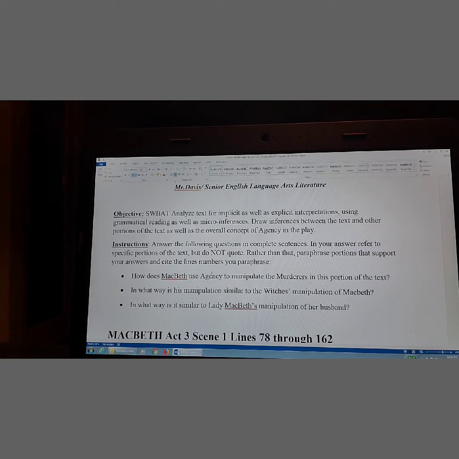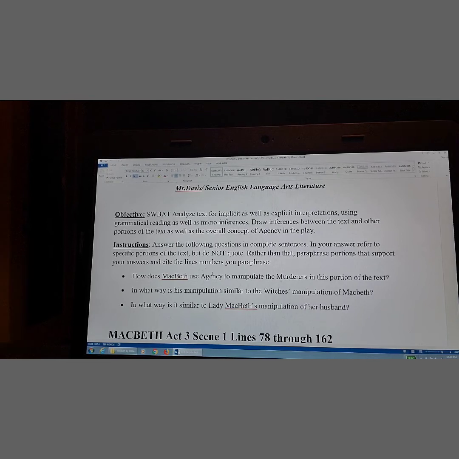Interpretation is using grammatical reading as micro inferences, right? So these connections that are being made between individual ideas are either explicit, in other words, they're being obviously told to you, or implicit, where you're going to have to make the connections and then from those connections understand what's being said that's not so obvious. So then you're drawing inferences between the text and other portions of the text as well, right?